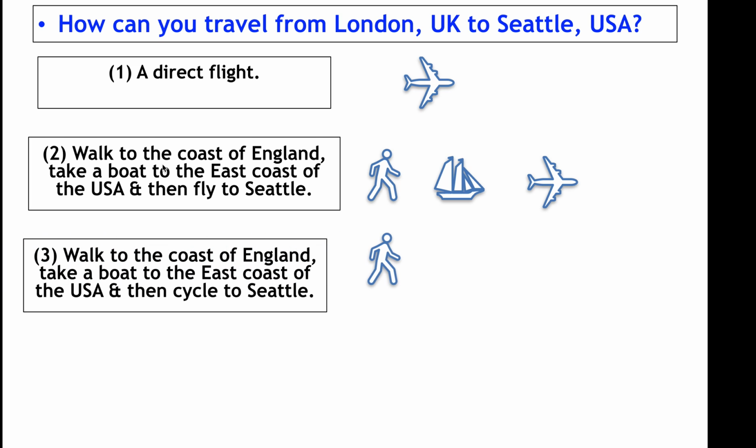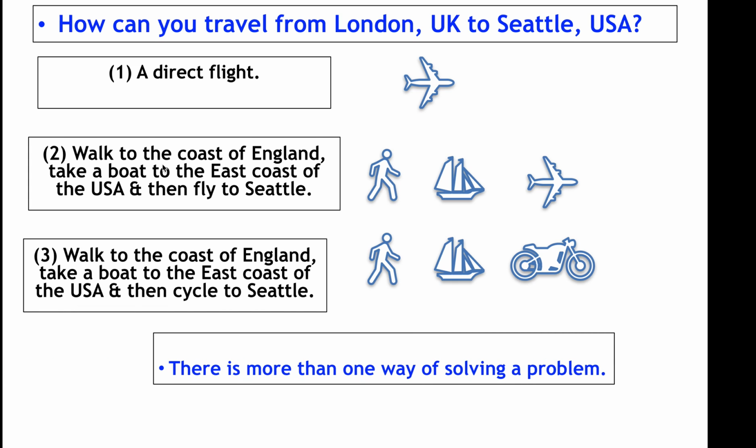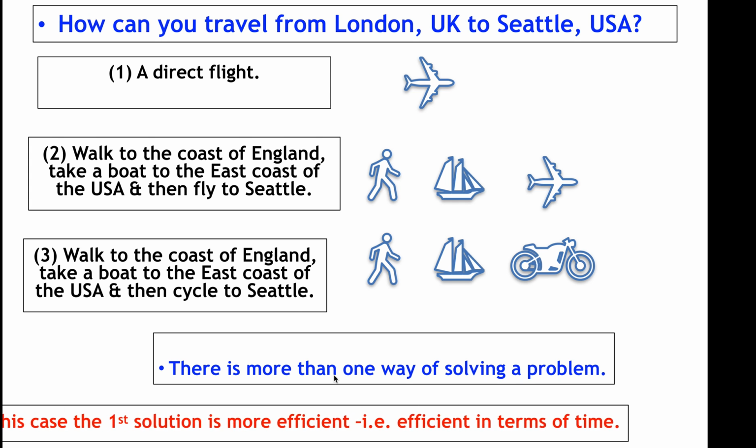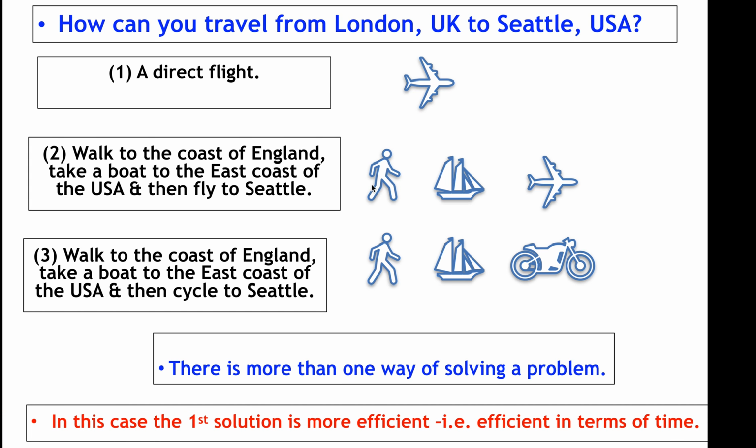You can walk to the coast of England, take a boat to the east coast of the USA, and then cycle to Seattle. So, quite often there is more than one way of solving a problem. And in this case, the first solution is the most efficient in terms of time, the quickest way, the fastest way, with one step.